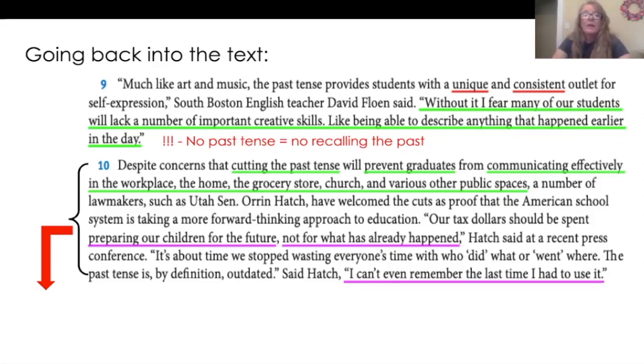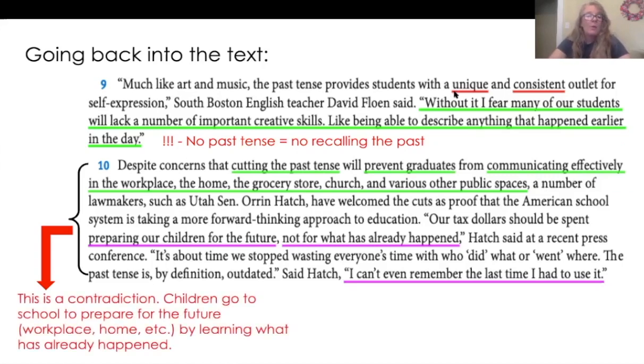And then, so I've got that, and I've got an arrow here where it says, this is a contradiction. Children go to school to prepare for the future, the workplace, the home, etc., by learning what has already happened. So we have to have the social studies and the history and using the past tense to be able to give a current and correct description about what's gone on in our lives.